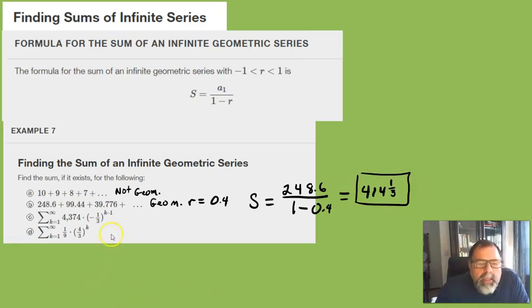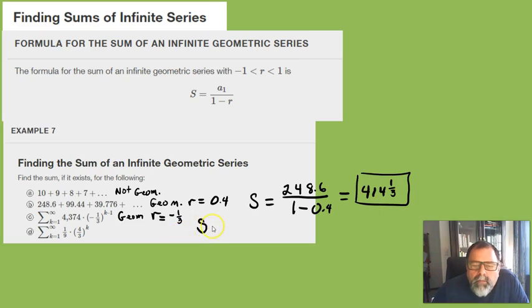Okay, so C, you can see it's geometric again. So our initial term, if we put in 1, this would be 0. So 4374 is our initial term. So this one's geometric, with r being -1/3.